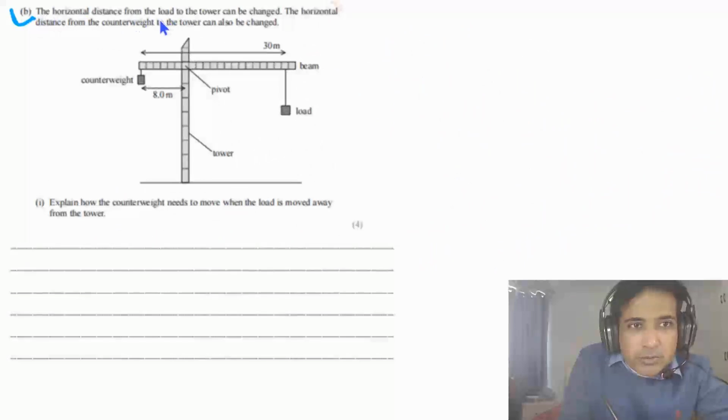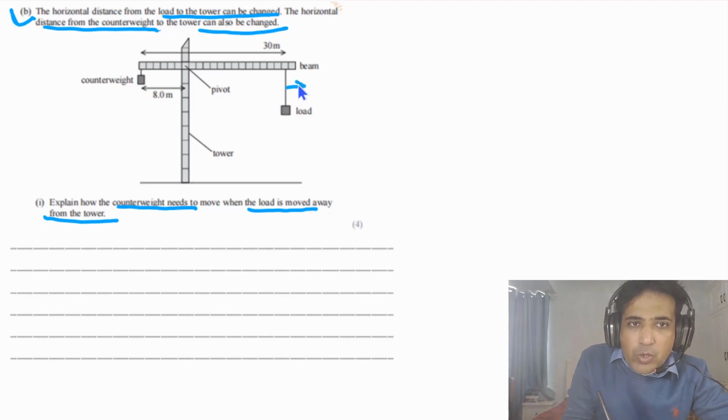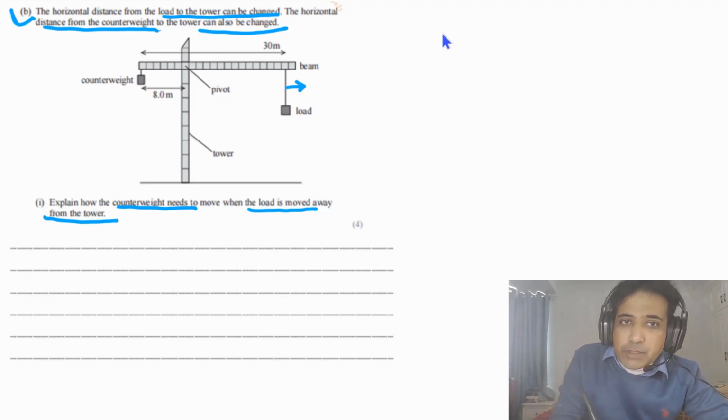Part B says the horizontal distance from the load to the tower can be changed. The horizontal distance from the counterweight to the tower can also be changed. Explain how the counterweight needs to move when the load is moved away from the tower. It means if we move this load away from the tower, how we need to move this counterweight for this system to be in equilibrium.